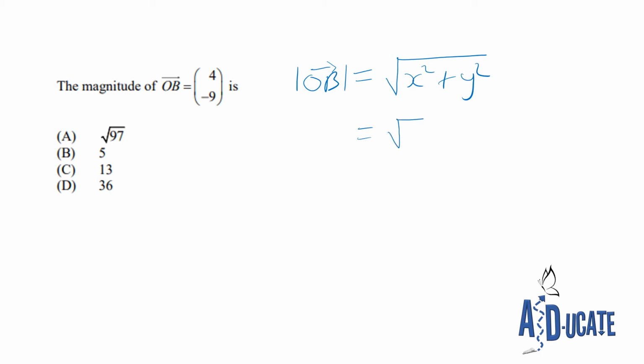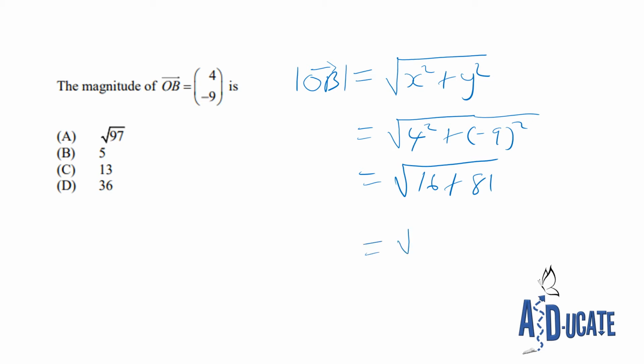We substitute the values in: 4 squared plus -9 squared. We simplify: 4 squared is 16, plus -9 squared is 81. So our answer is the square root of 97, and option A is correct.